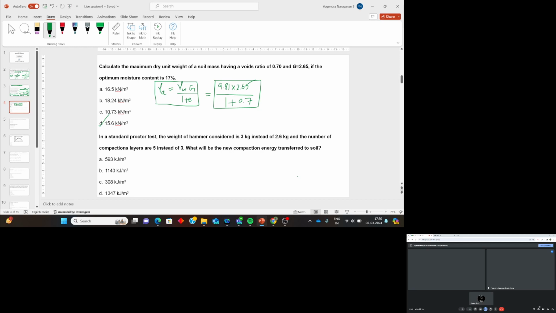Okay. While compaction you are applying energy, right? So how can that energy be calculated? It will be the potential energy. Yes, potential energy will be mgh.